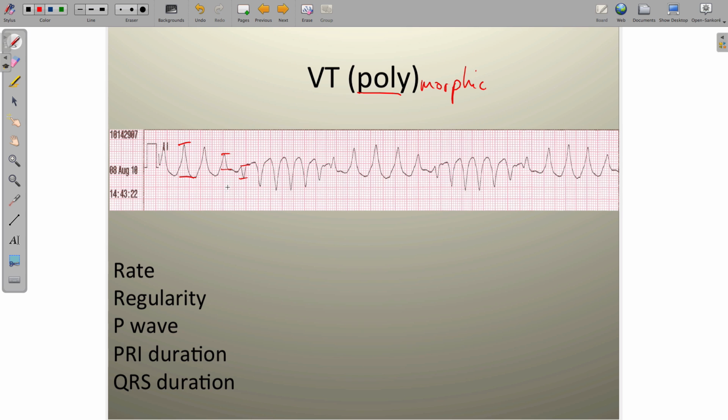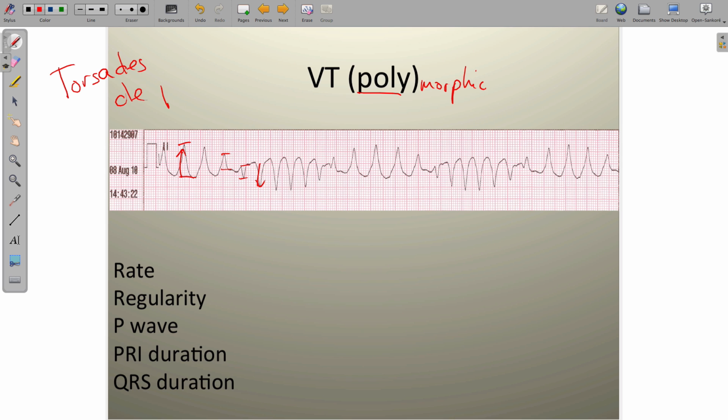Now, in addition to the changing amplitudes, you'll also notice that the deflection direction changes, where this is upright and this is negative, then it goes back to upright and negative and back to upright. Now, if you've read any books or you've talked to any buddies of yours, they're going to call this torsades.